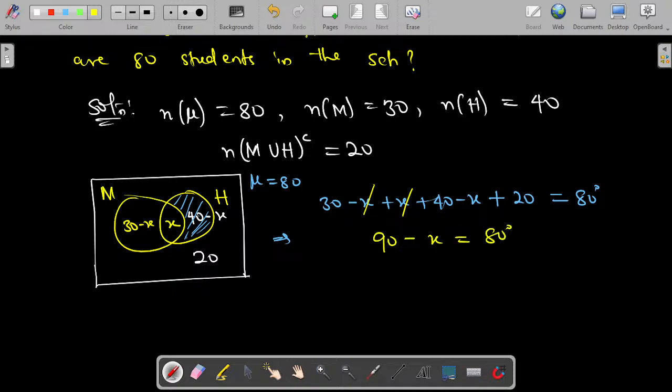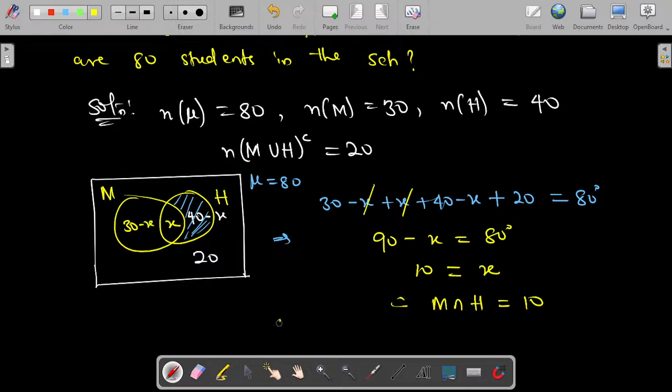If I take my 80 to this side and take my minus x to this side, I will get 90 minus 80, which is 10, and that is equal to x. Therefore, my M intersection H is equal to 10 students. So there are 10 students that offer both music and history.